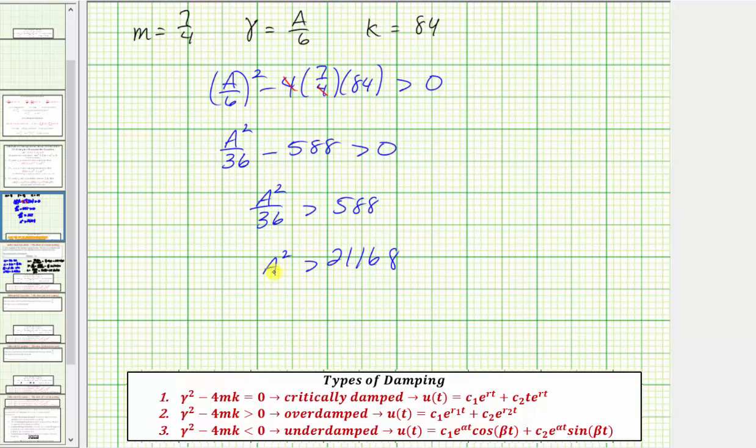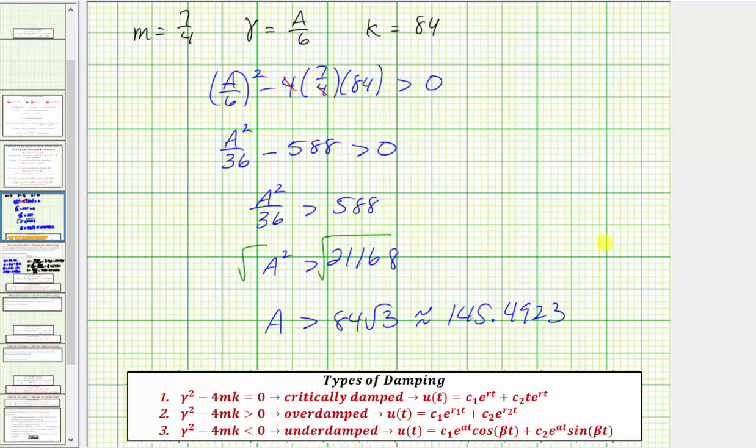21,168. Remember, A is going to be force in pounds, so now we would take the principal square root of both sides of the inequality. So we'd have A is greater than, this simplifies to 84 square root 3, which is approximately 145.4923.